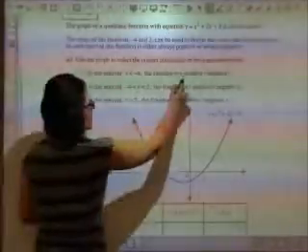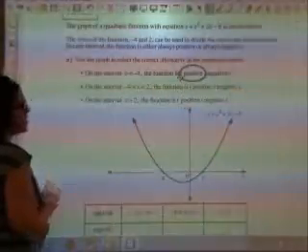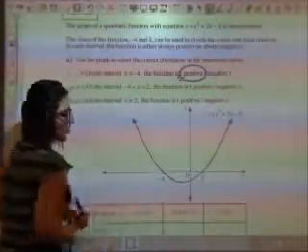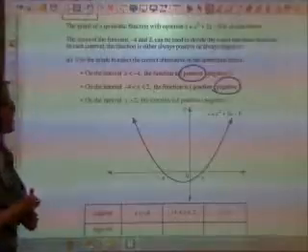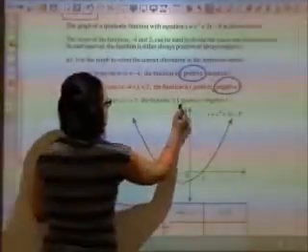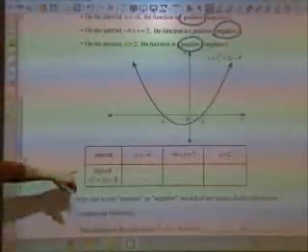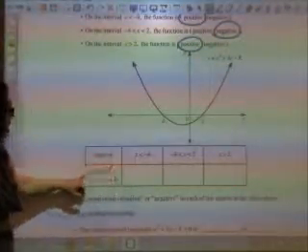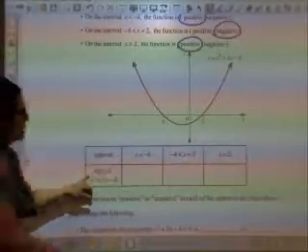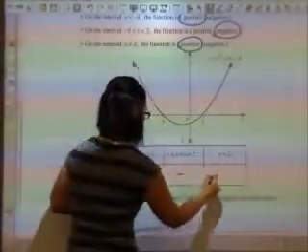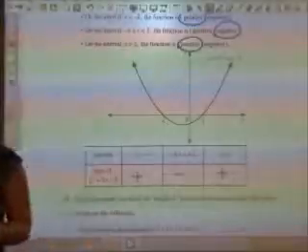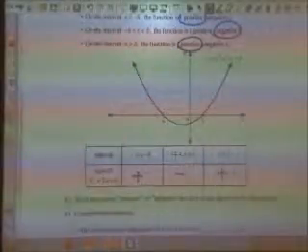It would be positive. It's above the x-axis. The interval between -4 and +2 is negative, and the interval that is greater than +2 is positive. So the sign of the quadratic in these intervals is positive, negative, and positive.